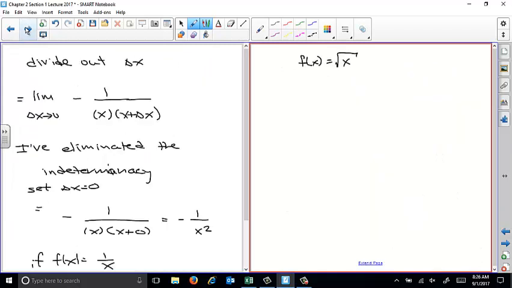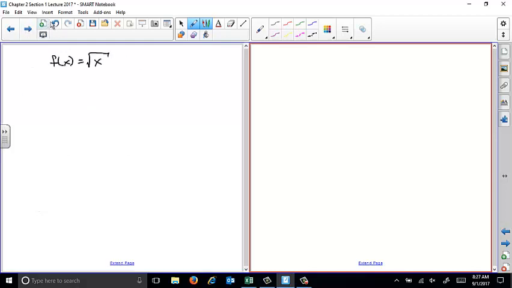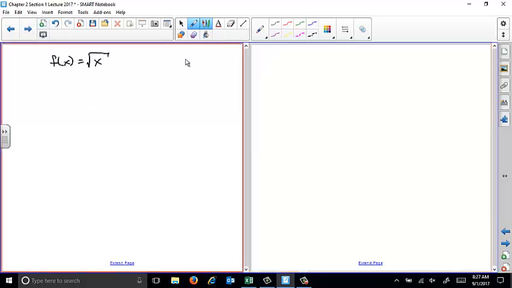Now, the next one we're going to do here is the square root of x, and you guys get to do 1 over the square root of x, I think. That's a combination of two things. So let me do this one. We have f of x plus delta x equals the square root of x plus delta x. Again, all I'm doing is taking the original function and plugging in x plus delta x for x.